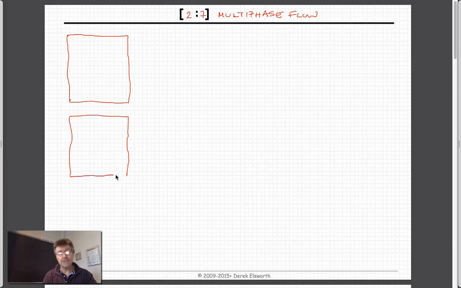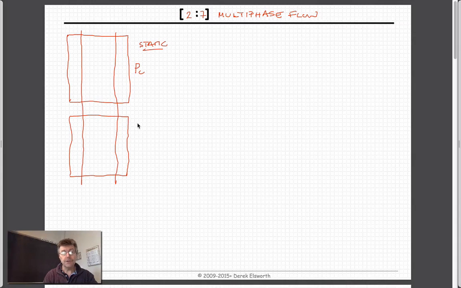If we were to encapsulate these behaviors, you've seen these figures many times, and they are key pieces of our understanding of this. If we're looking at the static behavior, and if we're looking at the dynamic behavior or the flow behavior, then these are the ordinates of these figures.